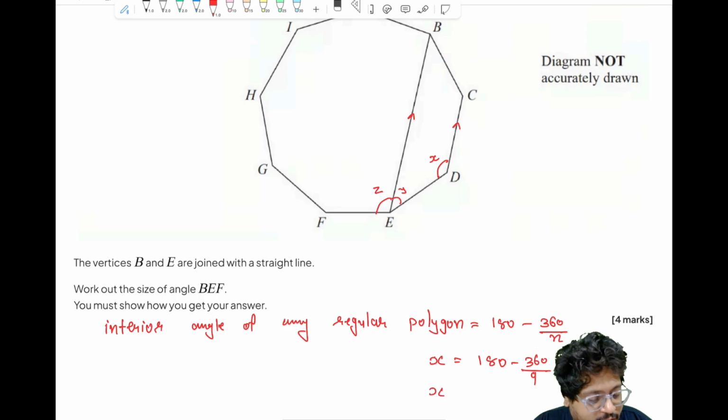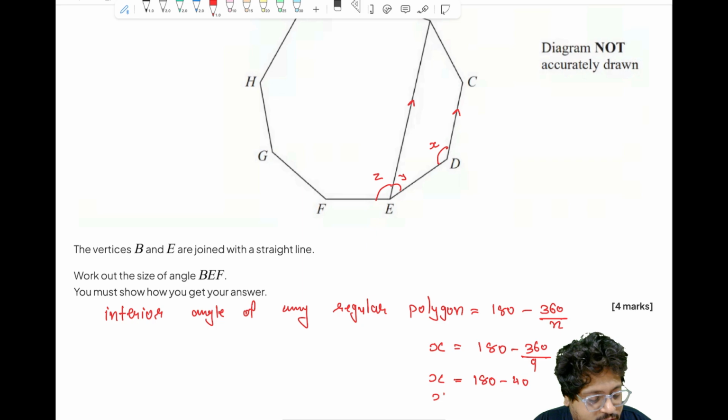So 360 upon 9 is 40, so 180 minus 40, so x is 140.